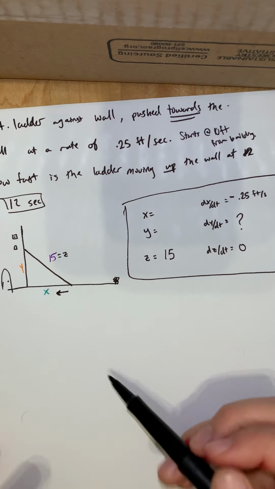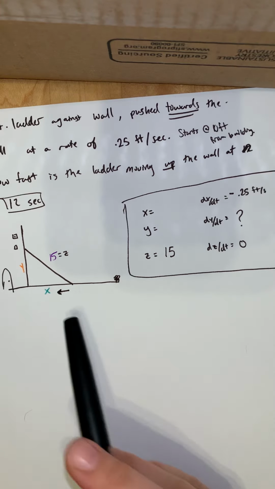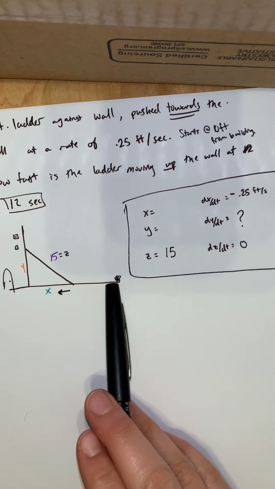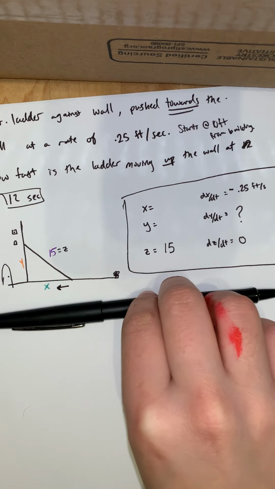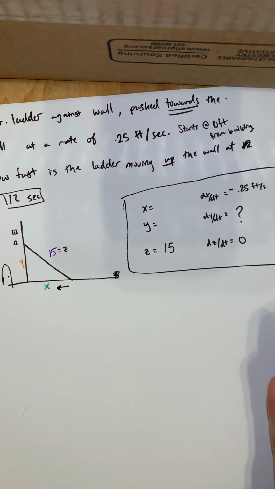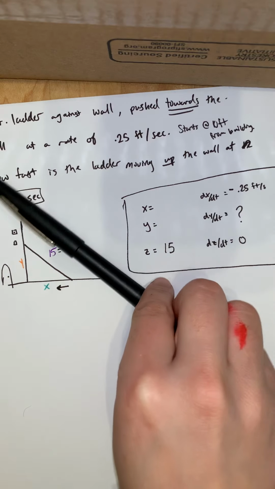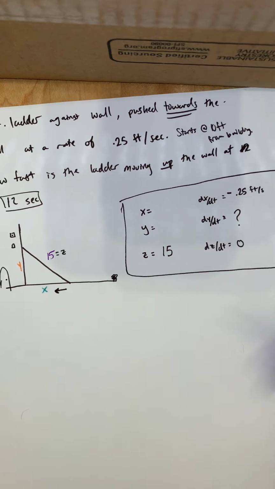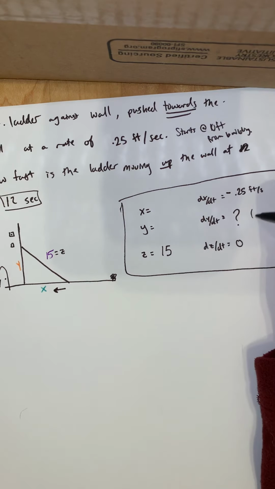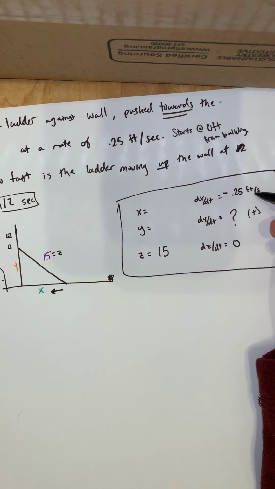In all of these problems up to this point, our ladder has been sliding away from the wall and sliding down. But in this case, we're pushing our ladder towards the wall, so it's going up like that. So our y should be growing, this value should be positive, but this value is certainly negative.